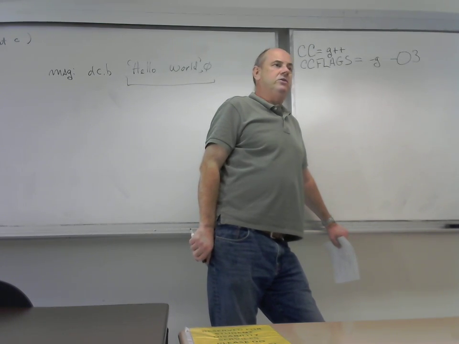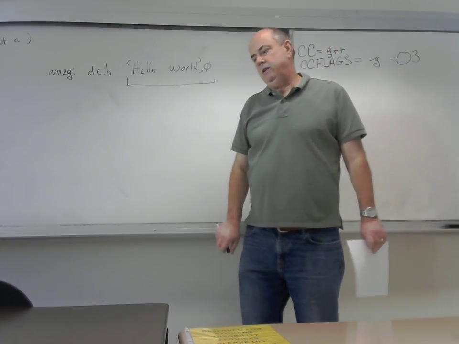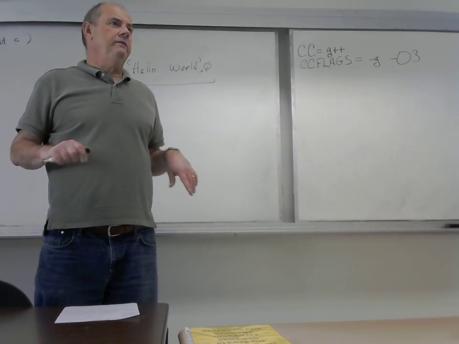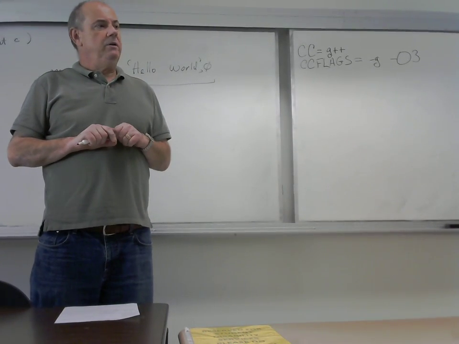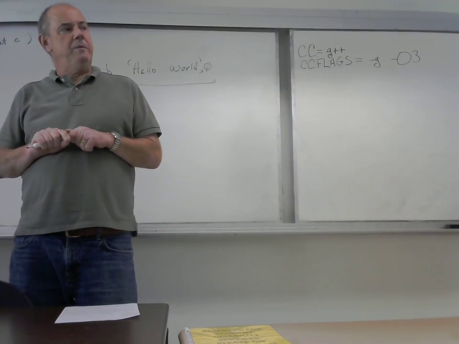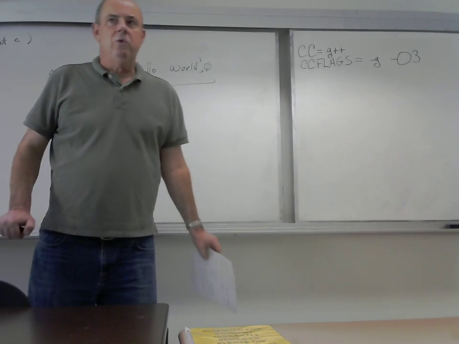You can do this in Java as well. I don't know if you're aware of that. But when you do it, you do javac or java or whatever you call it, minus capital O with no number, and that causes the Java compiler to optimize. So it takes longer to compile, but gives you more efficient code.